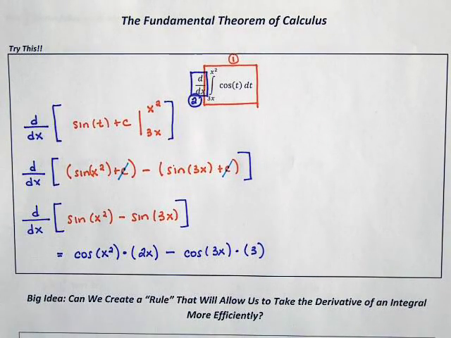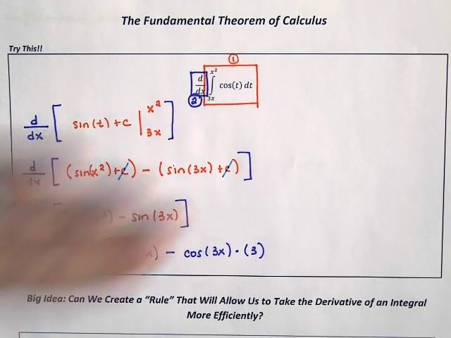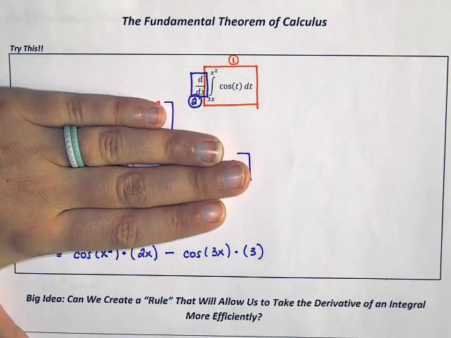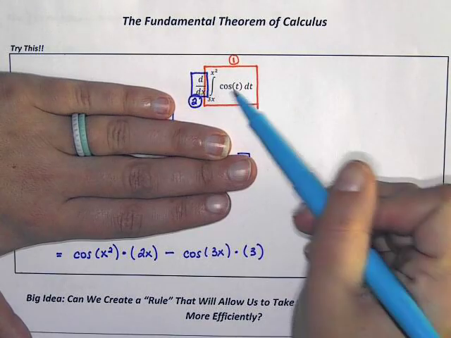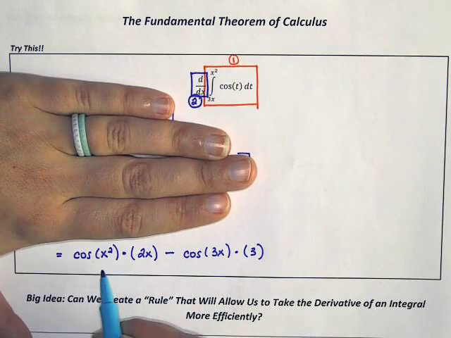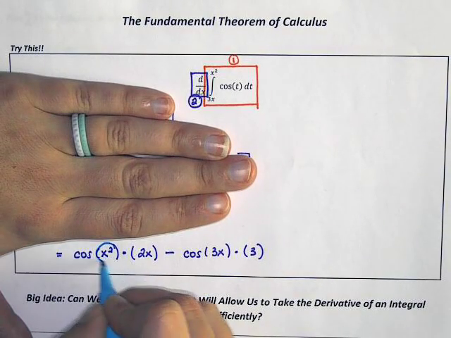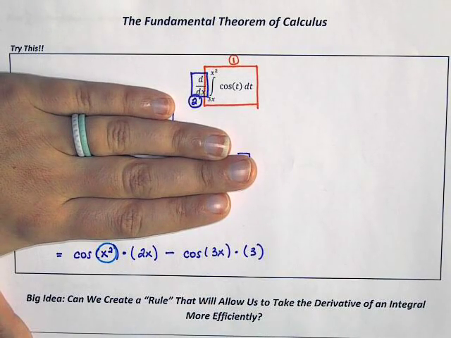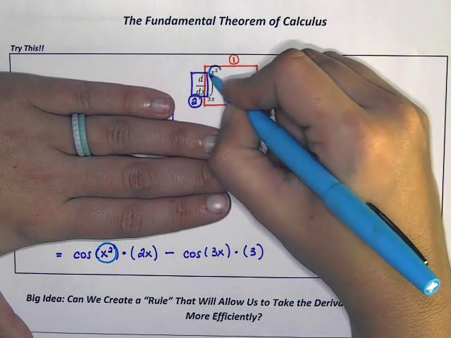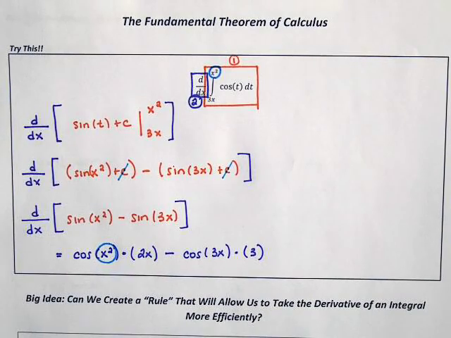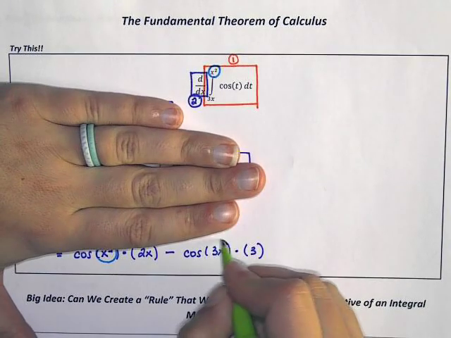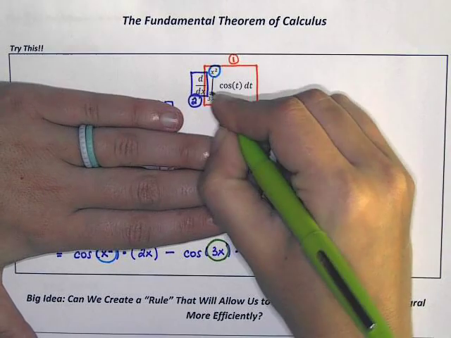But in the future, we're not going to do all that work. What we're going to do is just say, I know I'm going to end up with the same function that I started with. The only difference is that instead of just cosine of t, my first term has cosine of x squared plugged in, and that corresponds to the upper bound. My second function has cosine of 3x plugged in, and that corresponds to the lower bound.